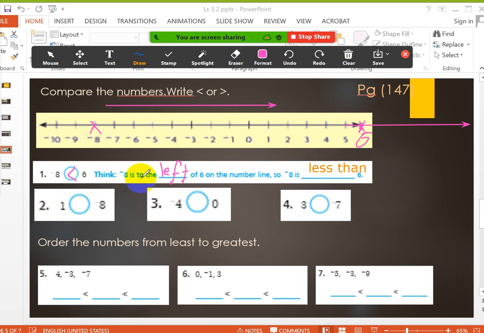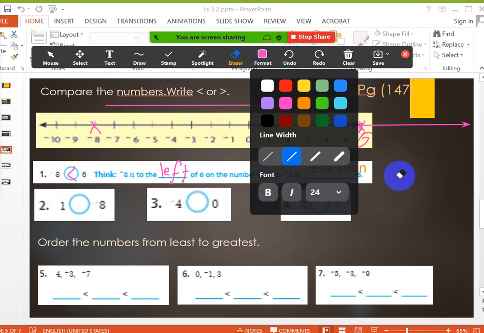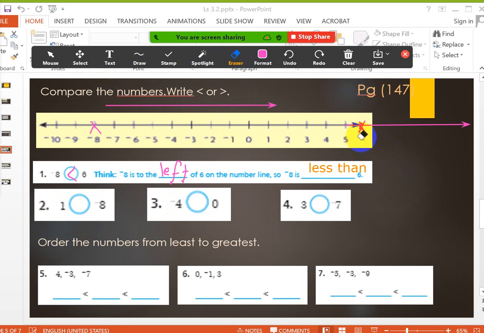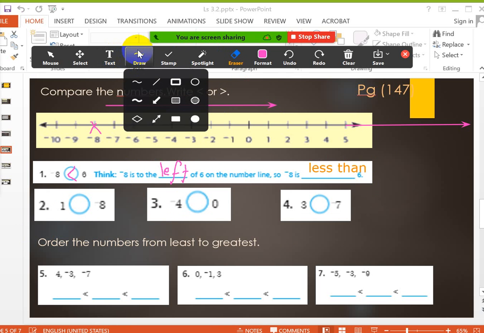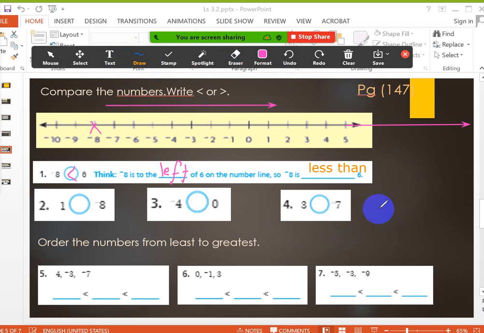What about 1 and negative 8? Yes, Serena? You want to answer or not? I want to answer, of course. Yes, dear. Let's see now. 1 and negative 8. Where is negative 8 on the number line? On the right or on the left? On the left. Very good.